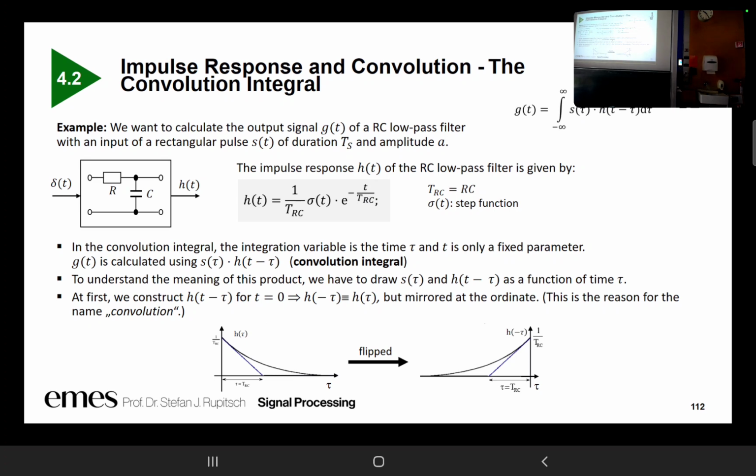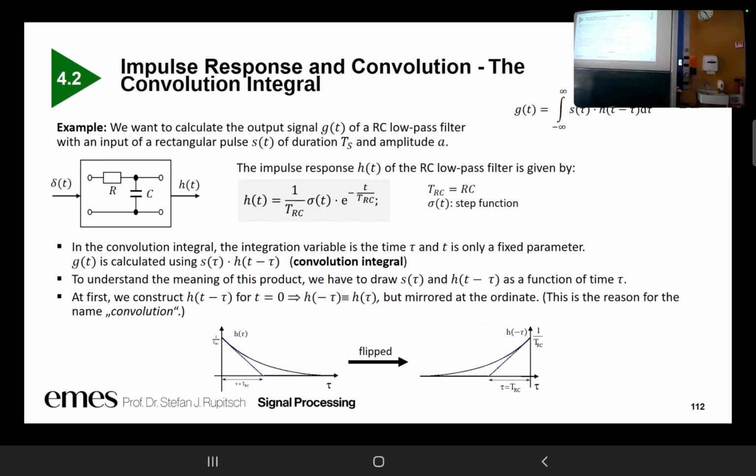And we have a certain decay, which is written here. Good. And according to this convolution formula, we have to mirror it. As our colleague mentioned, we have to flip it.